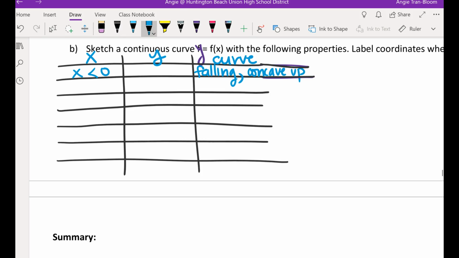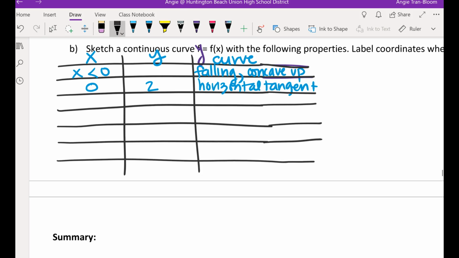Then next one, at 0, your y value is 2, and the description of the curve is horizontal tangent. Then in between 0 and 3, non-inclusive, the description is rising, concave up.